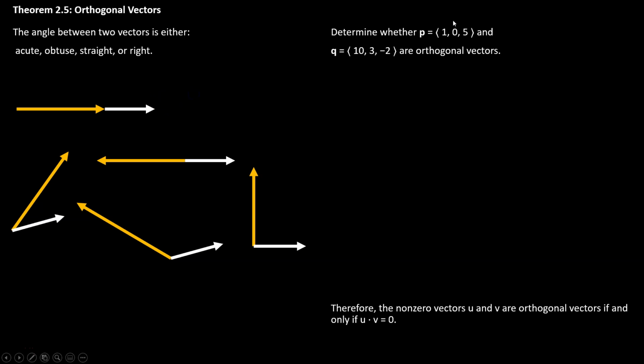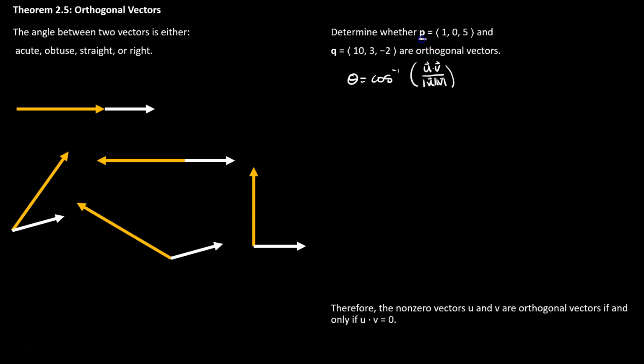If we want to determine whether two vectors are orthogonal, meaning if we want to know whether or not the angle between two vectors is 90 degrees, we can use that formula to calculate the angle between them. So theta is equal to cosine inverse of the ratio, the dot product over the magnitude of each vector.